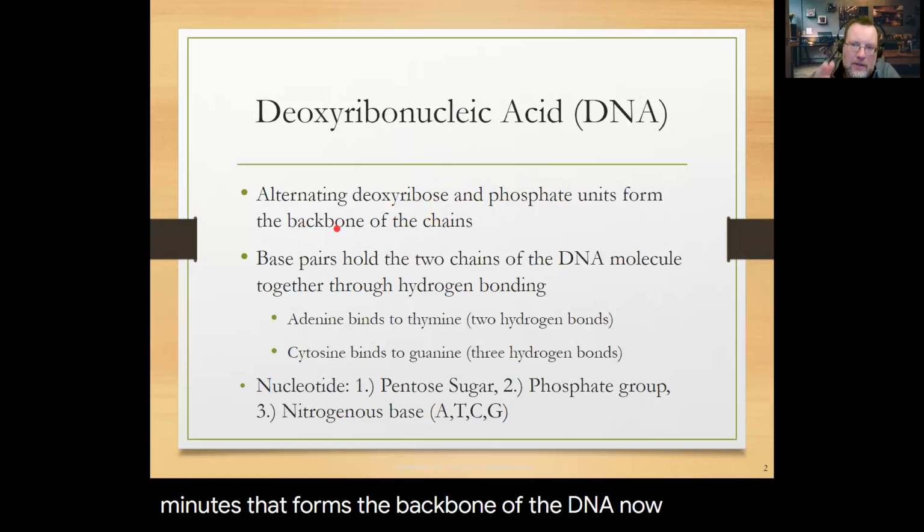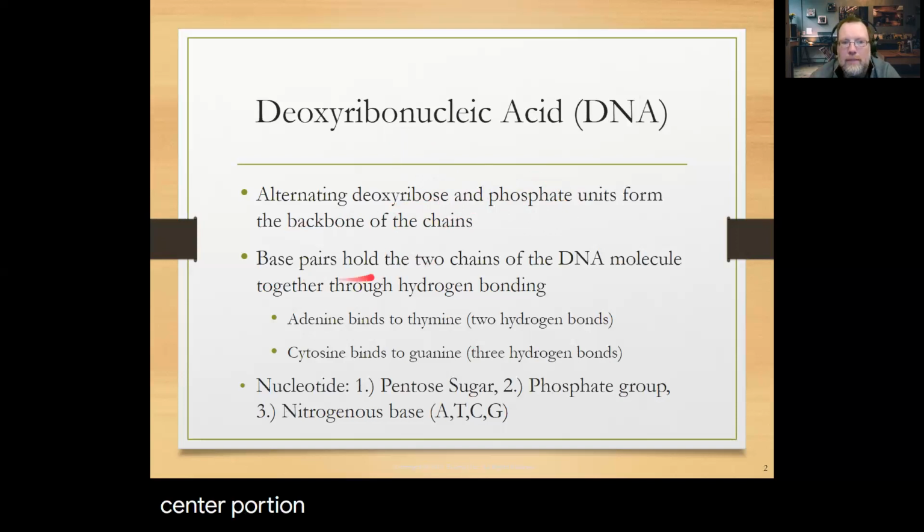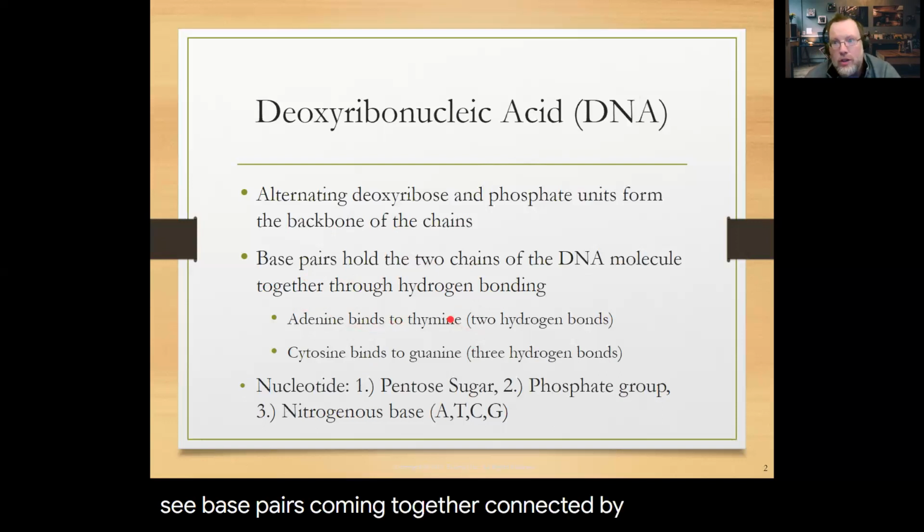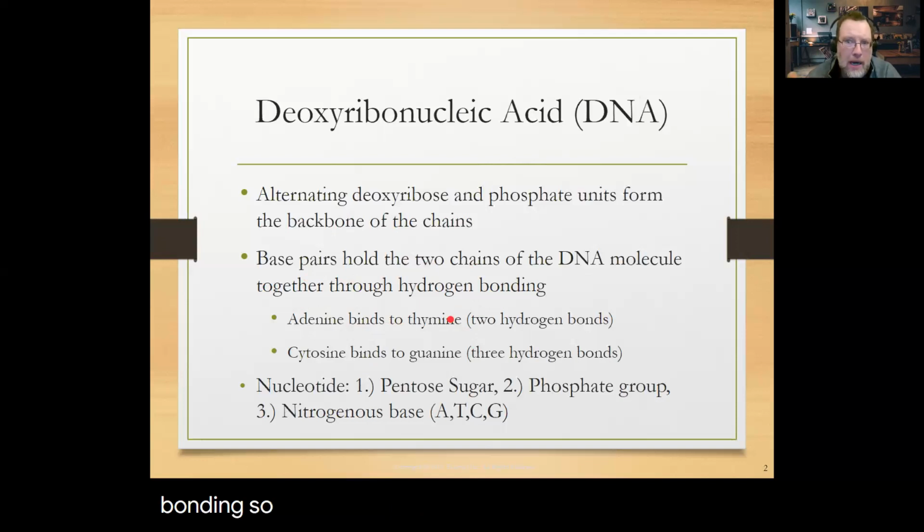Now, the center portion is going to be composed of what we call connecting nucleotides or base pairs. So we're going to see base pairs coming together, connected by hydrogen bonding. So weak bonds, remember hydrogen bonds are the weakest bonds.